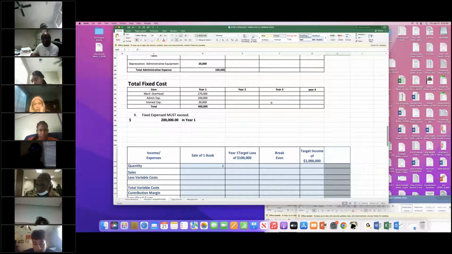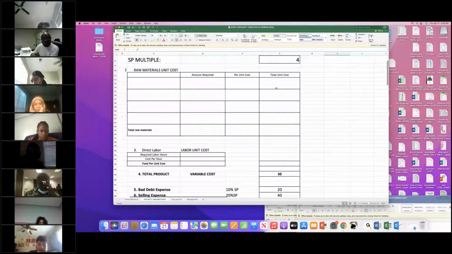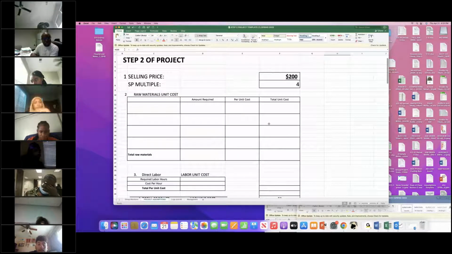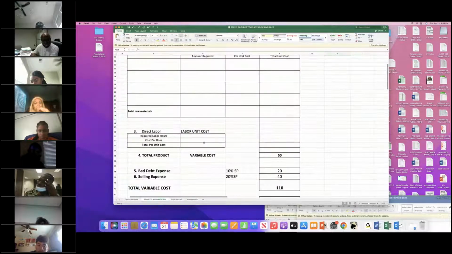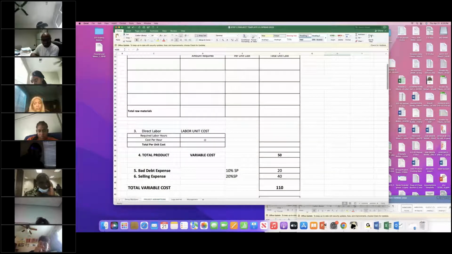If you bought the raw materials for your product and you kind of made it, you can fill the stuff in. How much did your raw materials cost? You'd have them bought by now. How long is it going to take to make it? Can they make 10 an hour? If you have small price items, you're going to have a very high price unless they can make more than one an hour.